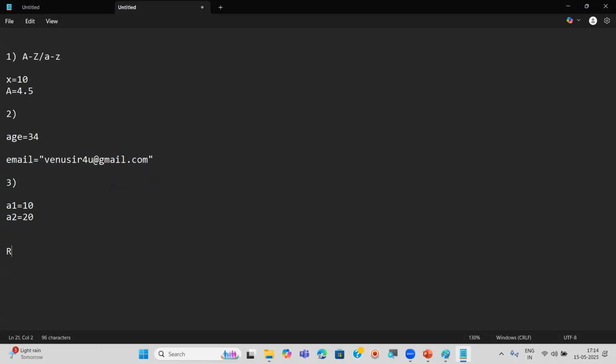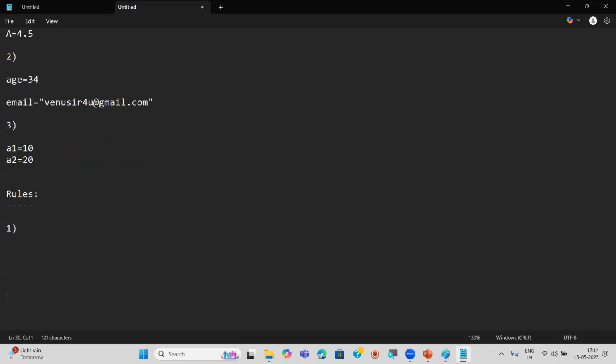And then next we have some rules also, rules for the name of the variable: how we ought to write and how we should not write the variable name. For that we have some rules here. First rule is the variable name should not start with a number or digit. For example, 1a equal to 10. If you do like this, is it valid? This is invalid.